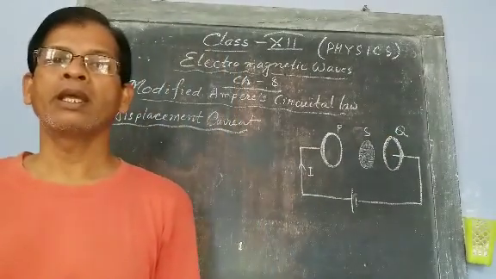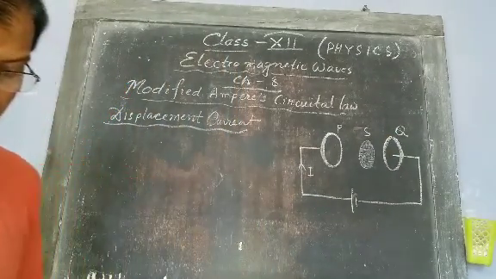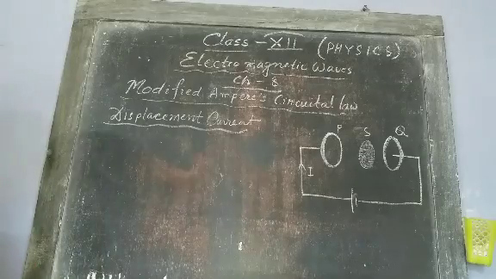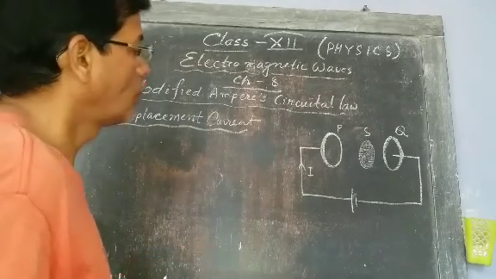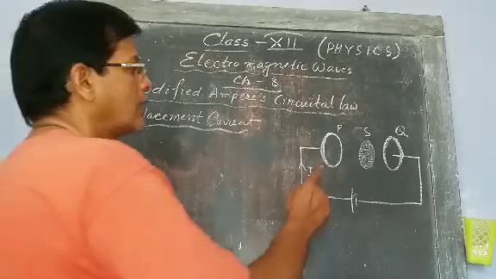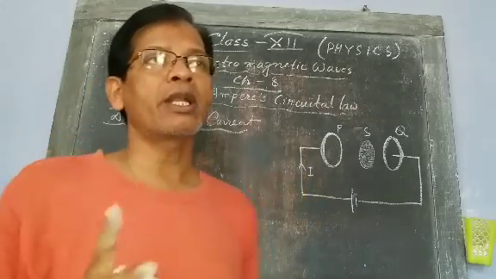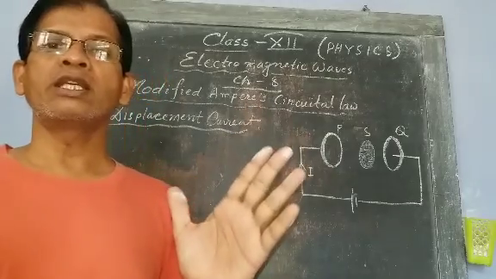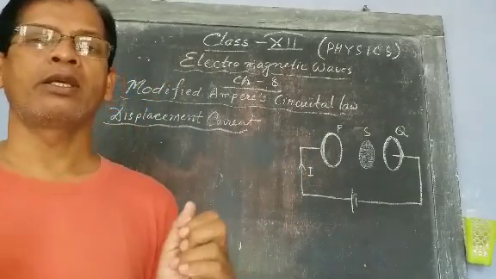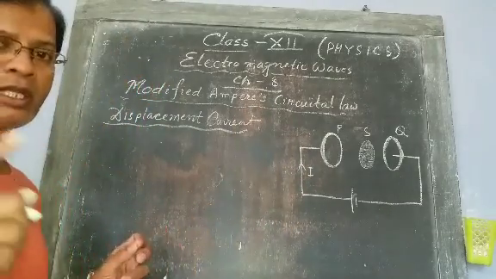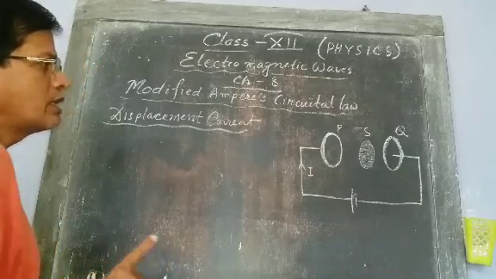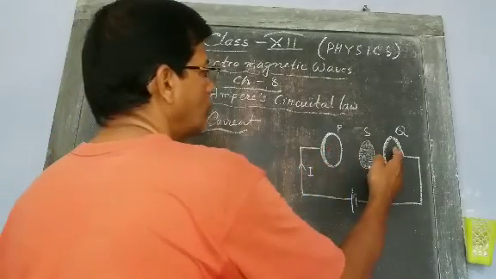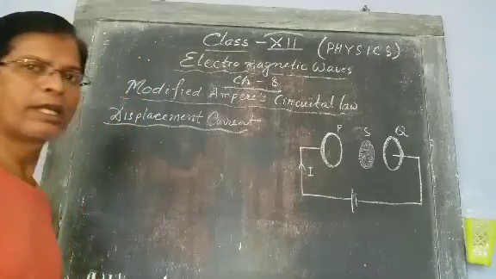Now, what is displacement current? It is the current which is produced due to the change in electric field. Now, what is the electric field between the two plates of the capacitor?